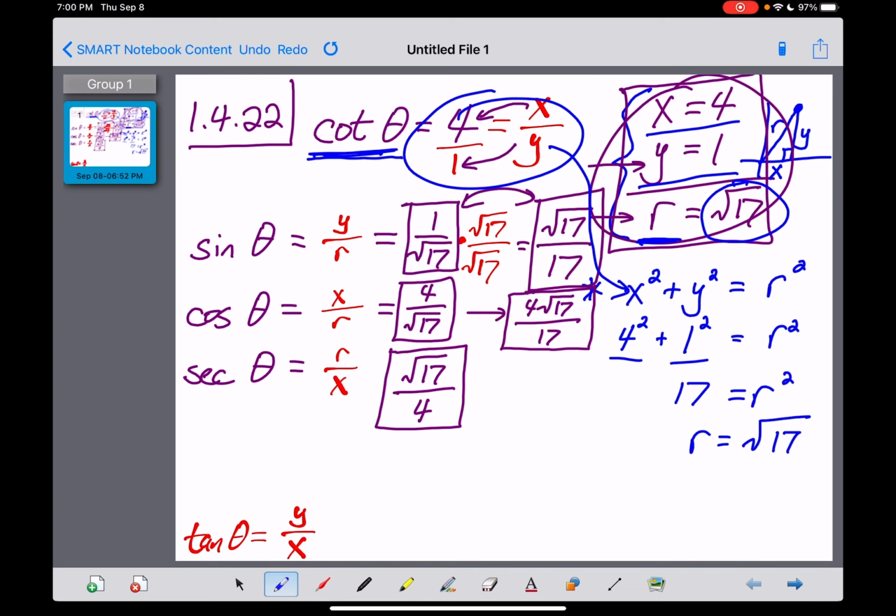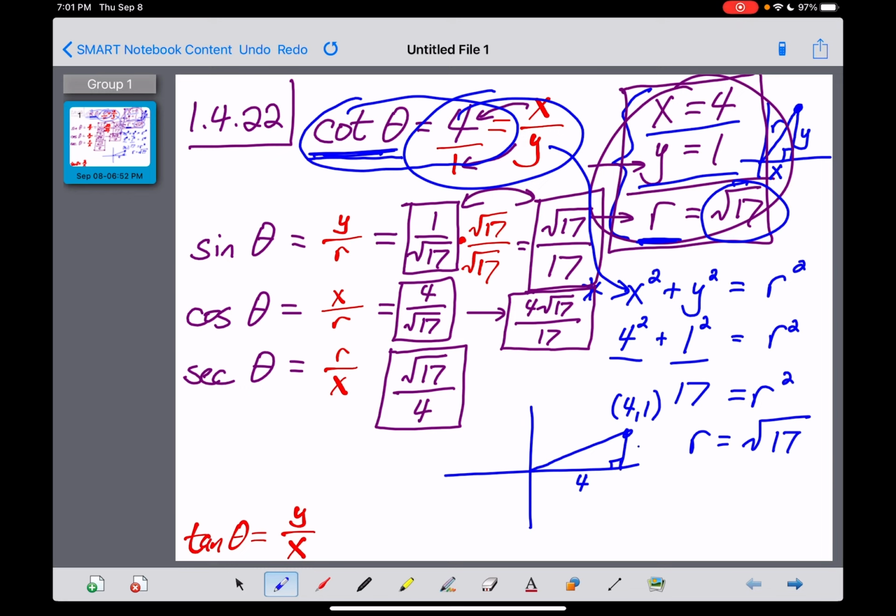I should also say this isn't a great question because when they tell you that the cotangent of an angle is positive 4, there's actually two possible ways that one could work out here. We could be dealing with a first quadrant angle, which could look something like this, where we were at the ordered pair of 4, 1. That matches what we had before, an x-coordinate of 4 and a y-coordinate here of 1.